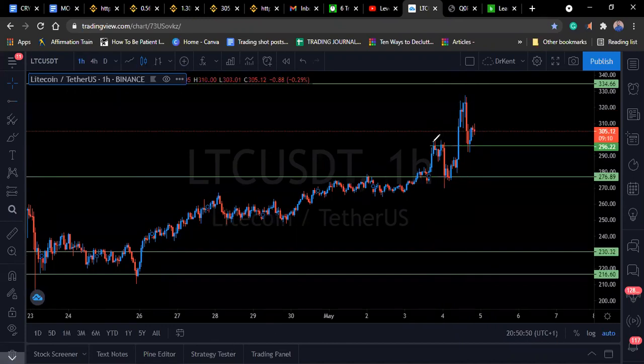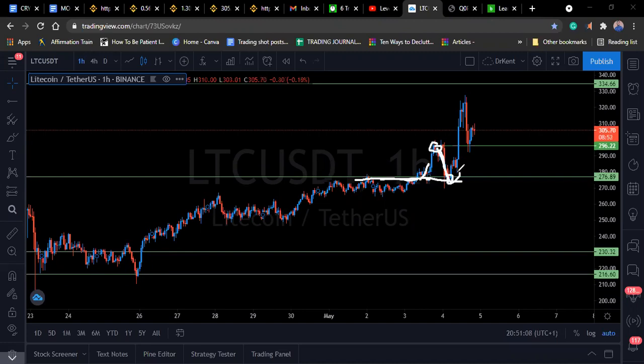It acted as resistance here. Then price came back down to this area that acted as a resistance too, but price broke above it. It became support. So now price came down to this area that was resistance before. This area now became support. Price shot up. Now it has come back to this area that was resistance before.